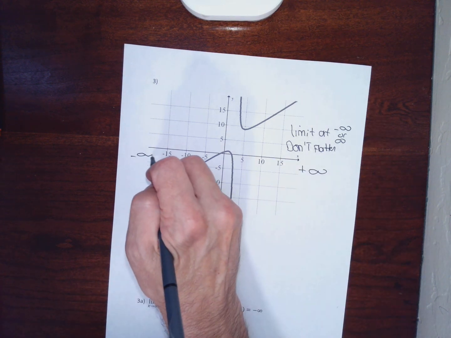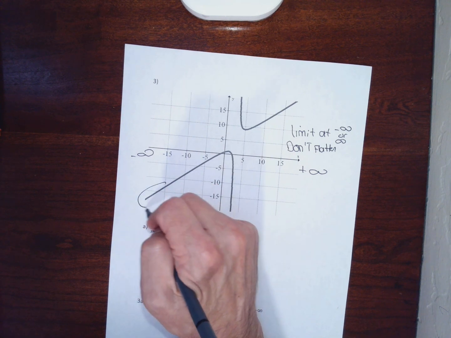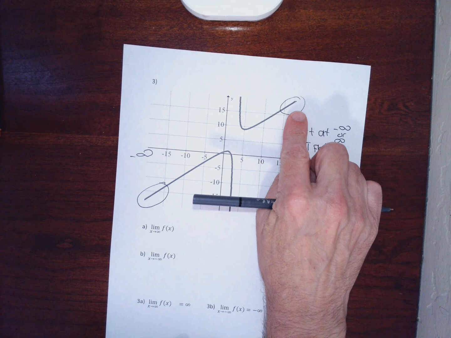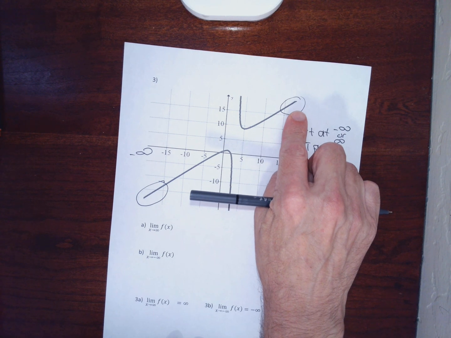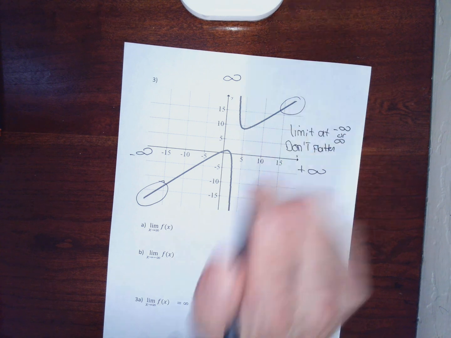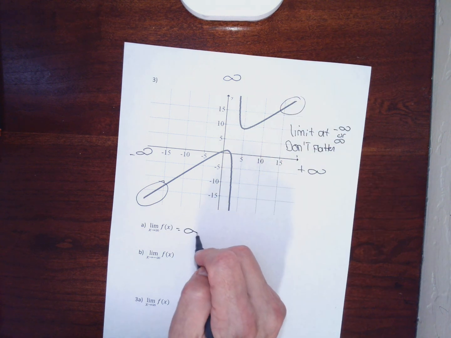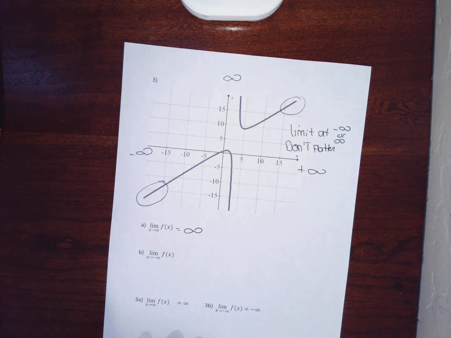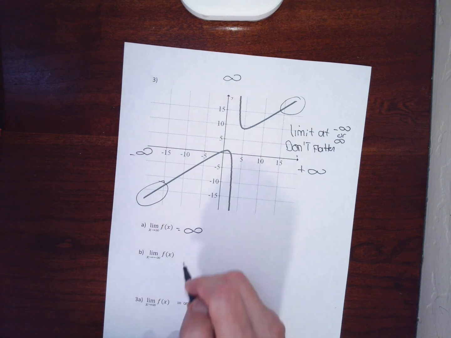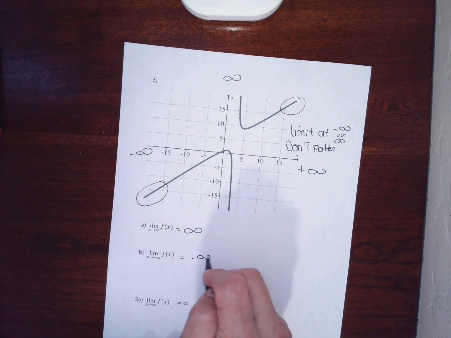This is the negative infinity side. This is going lower. This is going higher. The positive infinity side is getting higher. It's going towards the top of the y-axis. So on the positive infinity side, this would have a limit of infinity. On the negative infinity side, the graph is going down. It has a limit of negative infinity.